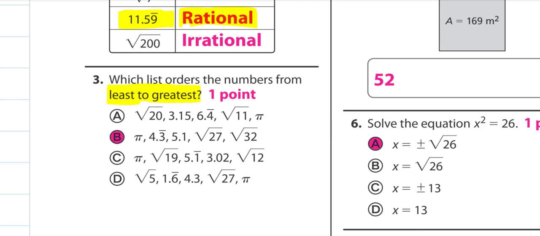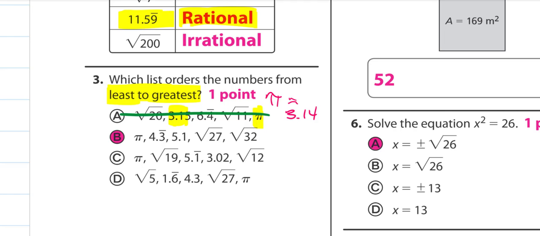For instance, we're shown pi in a few different places, and I'll write it here. And remember that we approximate the value of pi as 3.14. So if I take a look at this first one, I see that 3.15 is here and pi, which is 3.14, is there. I know that that's not in order, so I'm not even going to bother calculating those. This cannot be an answer.